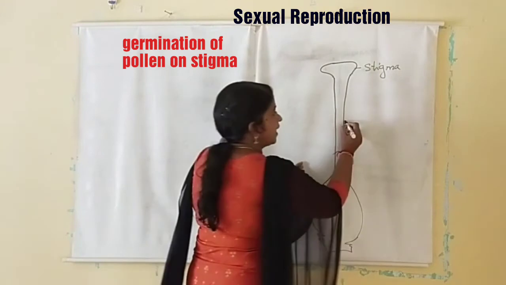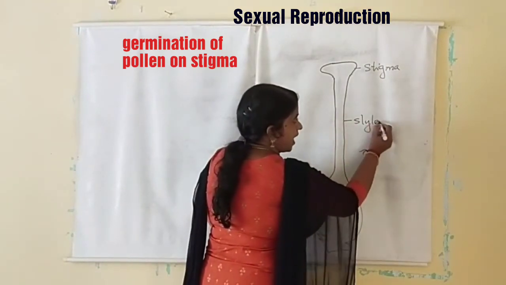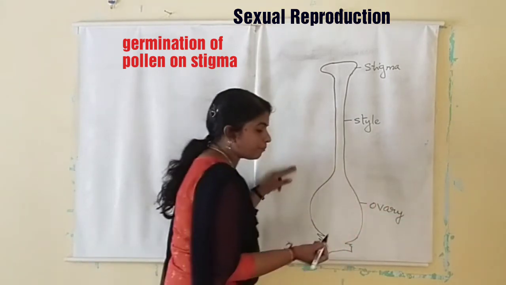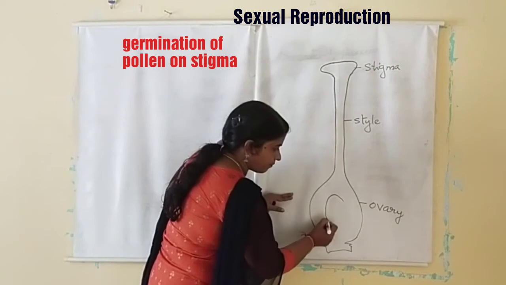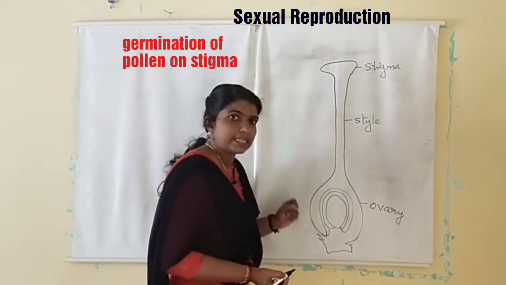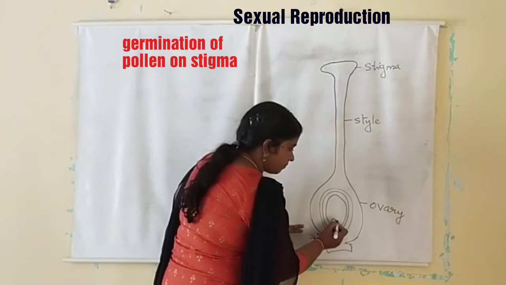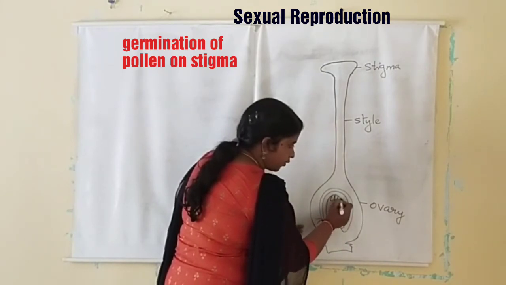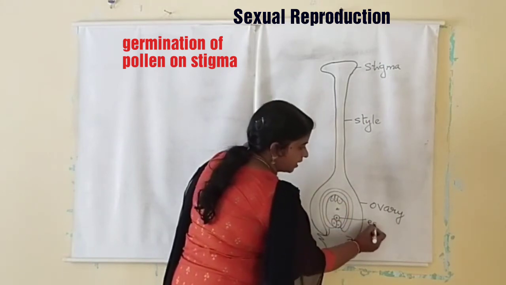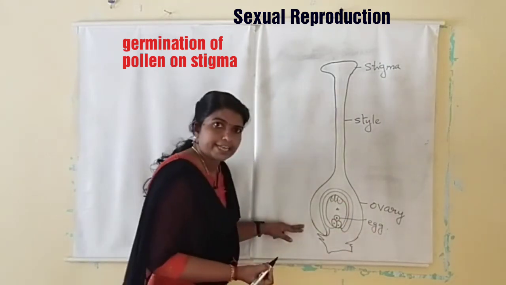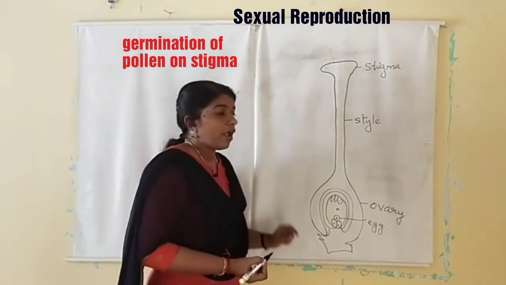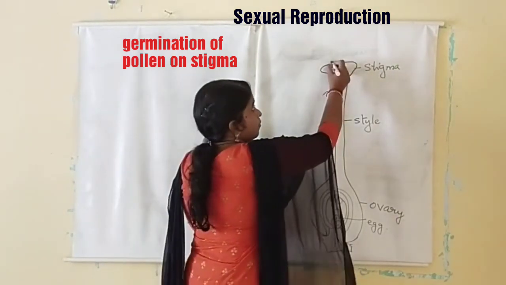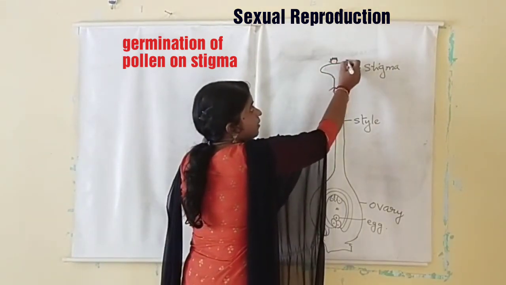Then it is the style, and this part is the ovary. Inside the ovary, you can see the egg cell. This is the egg, the female gamete.